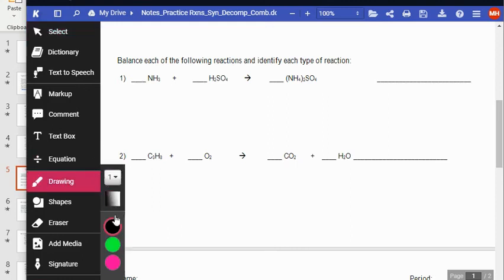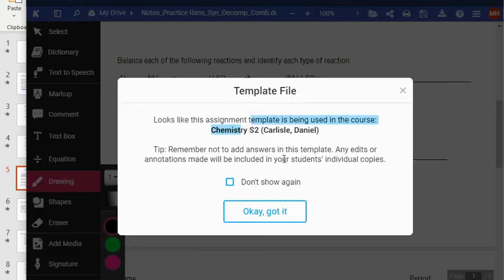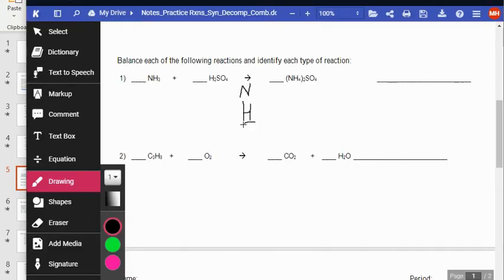Then we're going to balance this. All right, so when we balance this, we're going to have our N, we're going to have our H, and we're going to have our S, and then we're going to have our O. So on this side right here, I have 1 nitrogen.